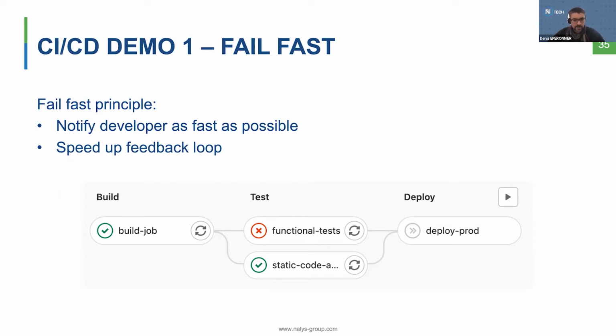In that case, when the job fails, we stop the pipeline and notify the developer, so they can get an email or chat message and work on the issue to fix it and restore the pipeline. Could be fixing the code, could be fixing the test, but the key here is to have a fast feedback loop in order to keep things working and checked at all times.